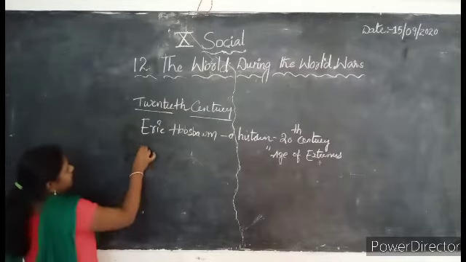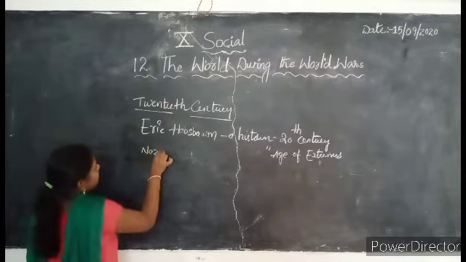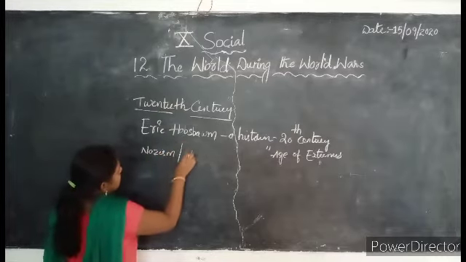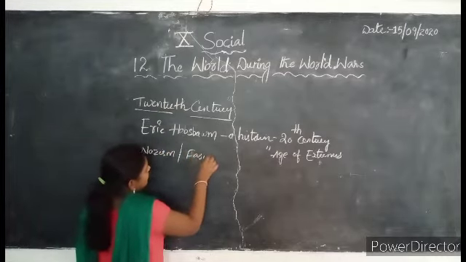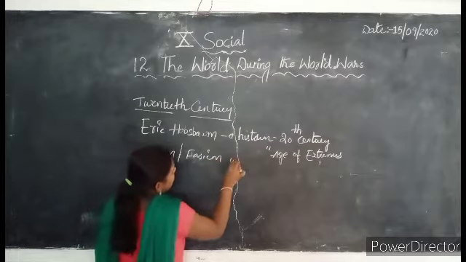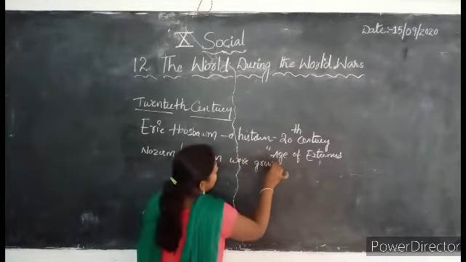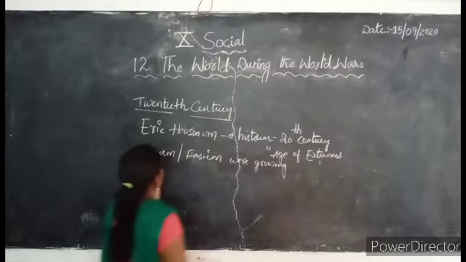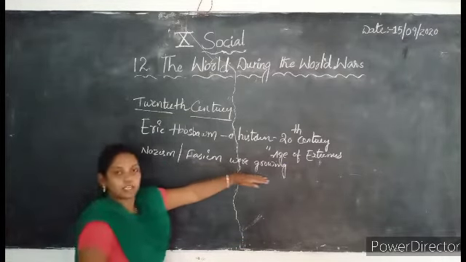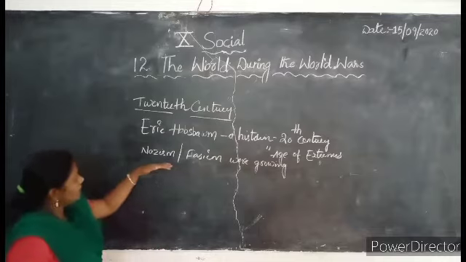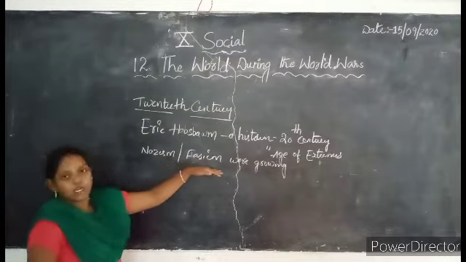On one hand, Nazism and fascism were growing. Their power was unquestioned.